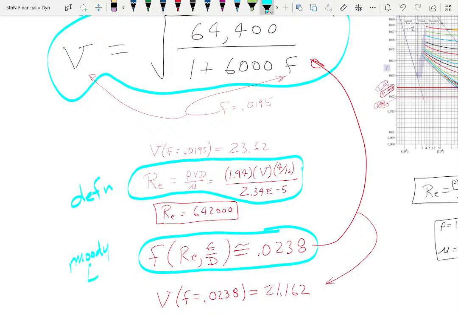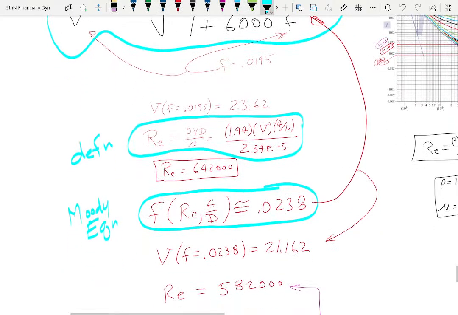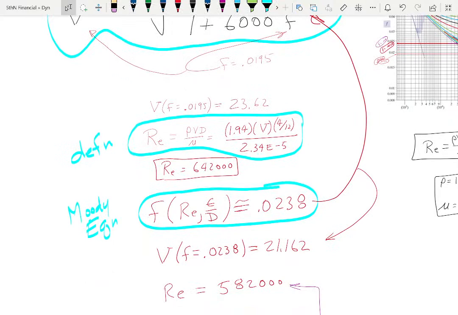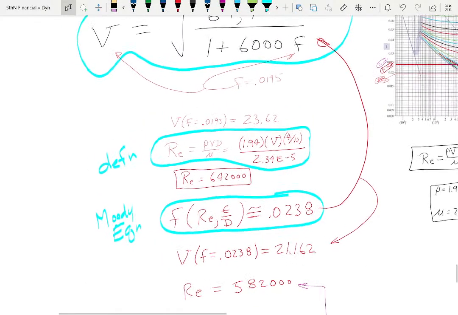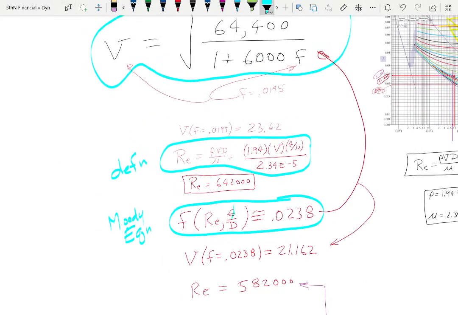How about we say Moody equation? And I'll be a little bit more respectful, make it capital. And those are the three things you got. Well, I guess you've got the E over D in there that somebody's going to give you. So you got to come up with the E over D in addition to the Reynolds number that comes out of there. So my sequence would be, I don't have F, I don't have V, I don't have Reynolds number.